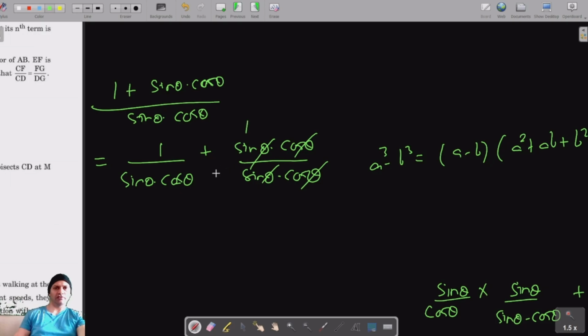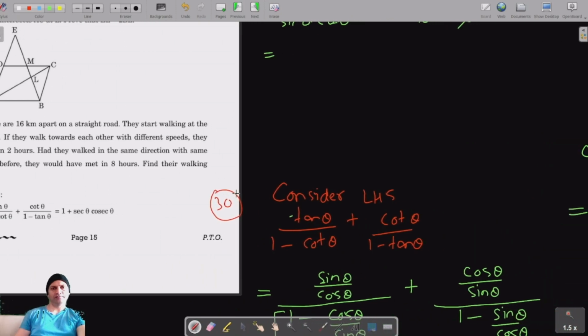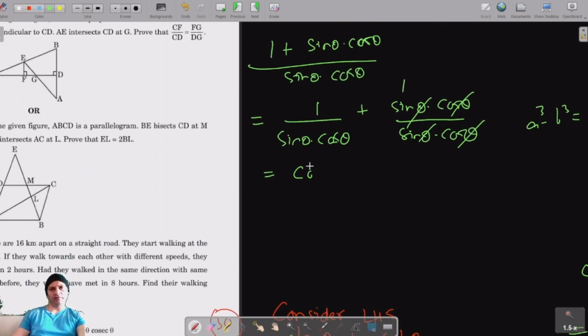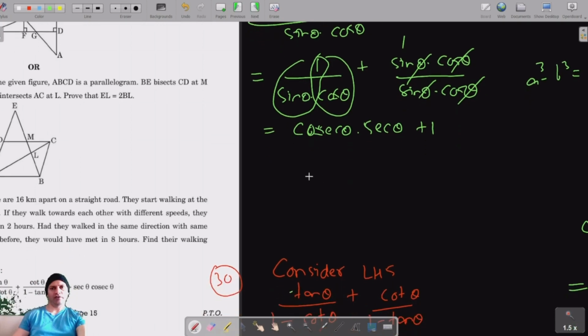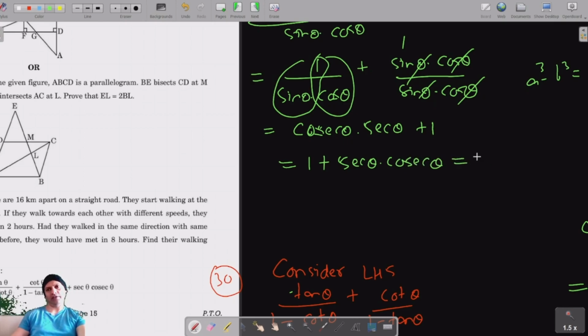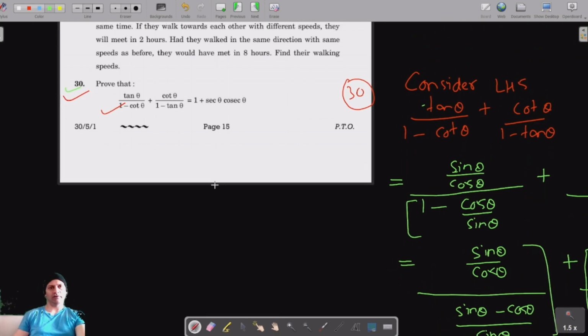So this gets calculated as 1, and 1 upon sine is cosecant. So this is cosecant theta into secant theta plus 1. So we can write it as 1 plus secant theta cosecant theta. The answer is true. That was the trigonometry question.